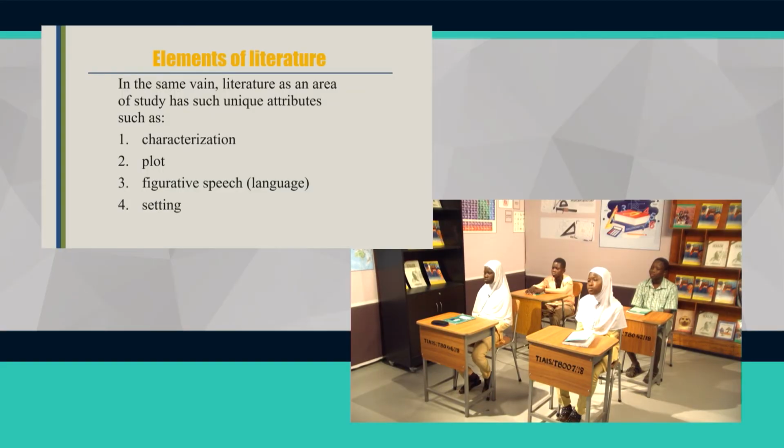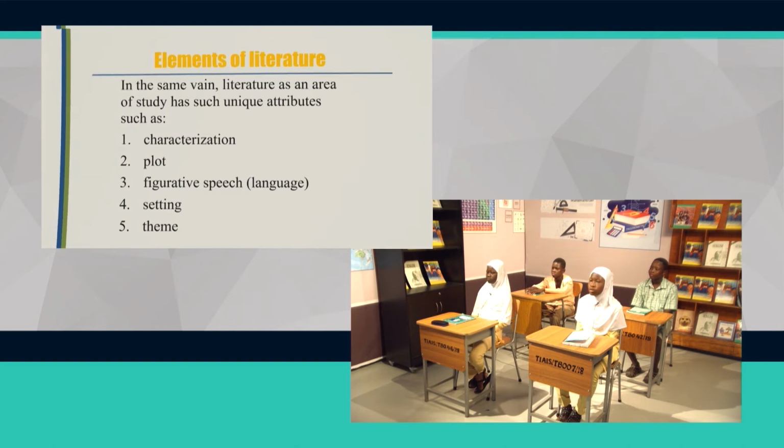And then you hear things like setting. And then we shall go through all these. Then we hear things like theme. These are things unique for what? Literature. Just uniquely reserved for literature.